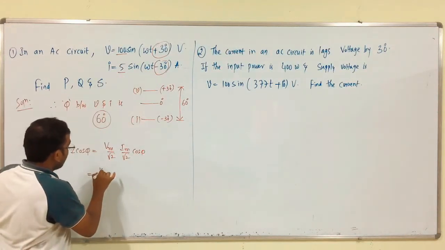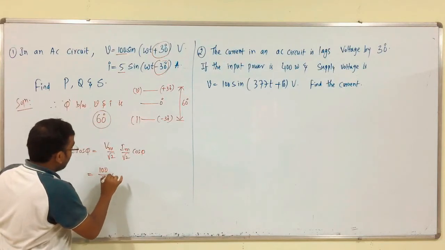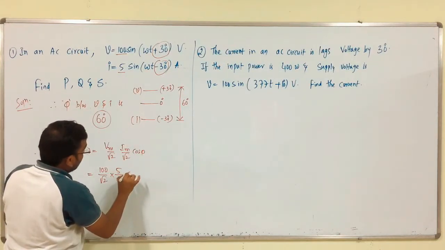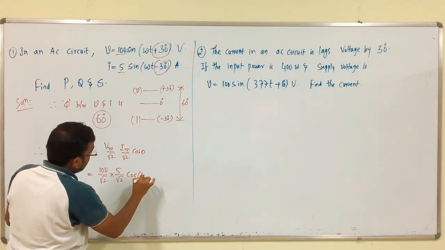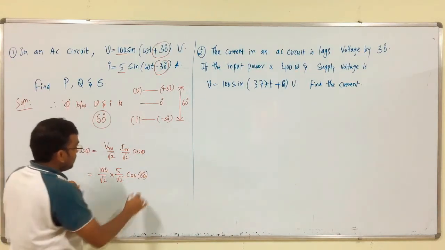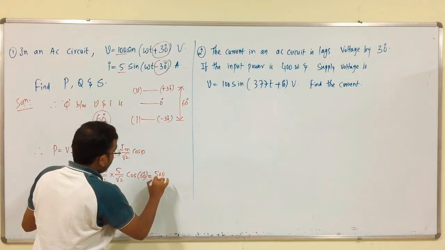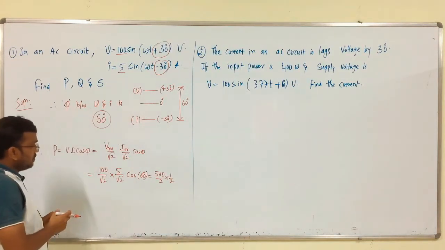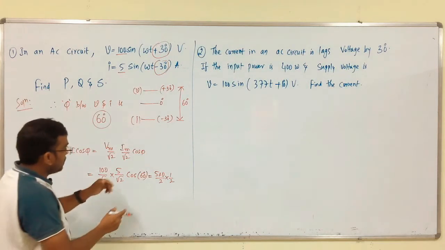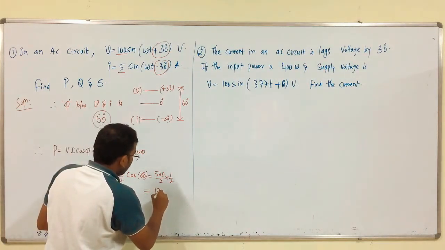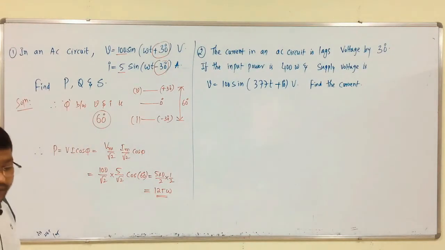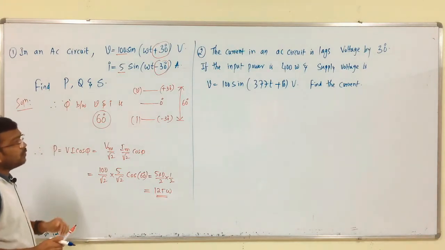So, P equals 100 by root 2 into 5 by root 2 into cos of 60 degrees, which equals 500 by 2 into 1 by 2, right, which equals 125 watts. The active power is 125 watts.